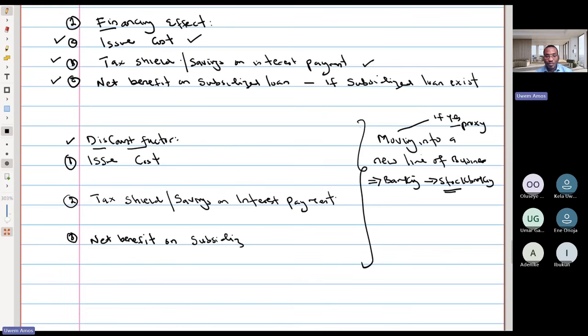Now there is some flexibility when it comes to our exams. For the issue cost, you're allowed to use either the risk-free rate or the borrowing cost.